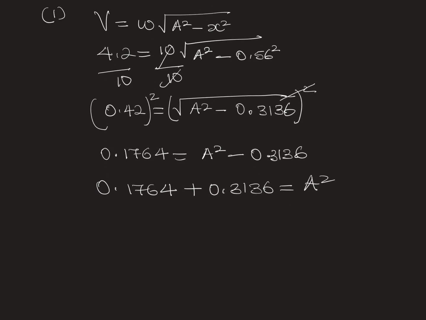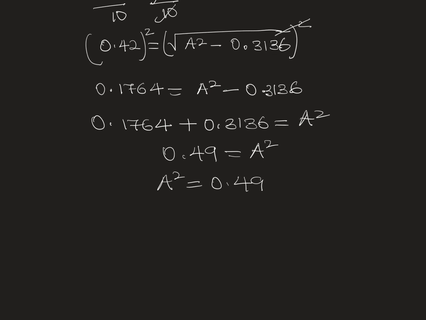So what does that give me if I add 0.1764 plus 0.3136? That will be 0.49 is equal to a squared. So if a squared is equal to 0.49, I want to find a, that is the amplitude.